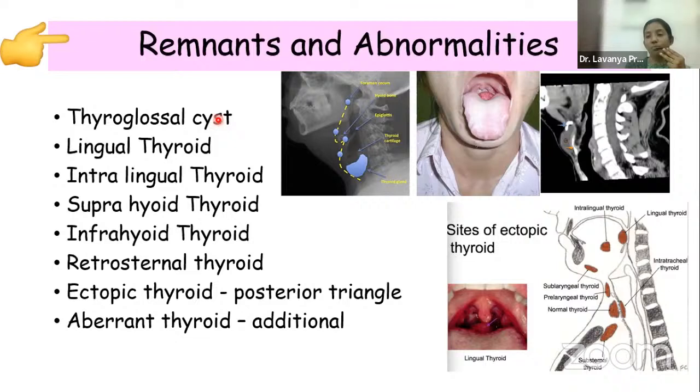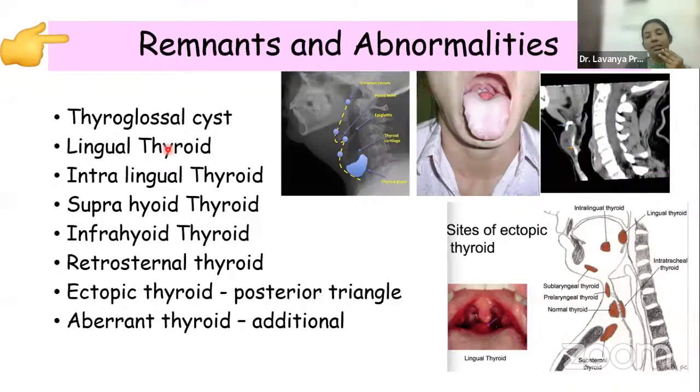First and foremost, what we frequently see is the thyroglossal cyst. It is based upon the region where the regression is not happening, or the region where the remains of the thyroglossal duct appear. There are several sites, so it varies for different individuals. These are the remnants or different sites where we can see the thyroglossal cyst appearance.